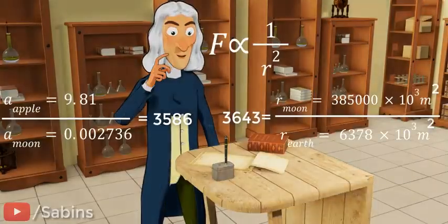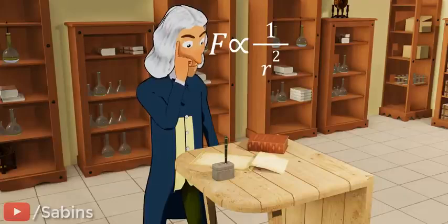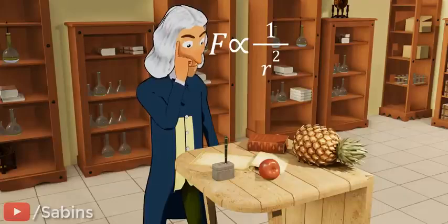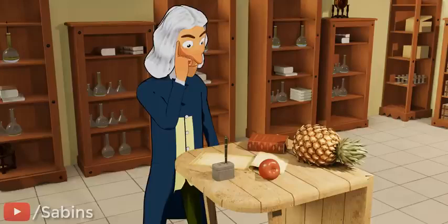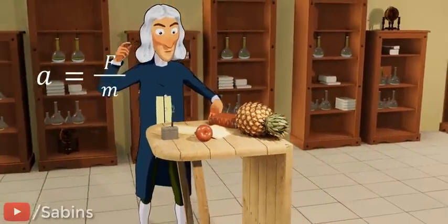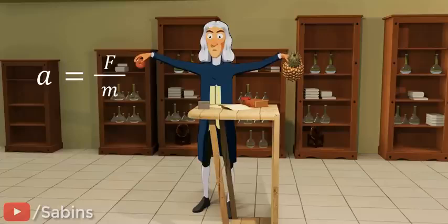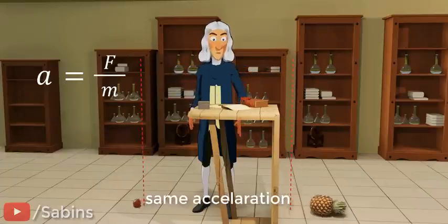What a brilliant deduction! The next question is, do the objects' respective masses have any connection with gravitational force between them? Newton had already derived the equation for an object's acceleration during this period, and it is a common observation that when the force arises due to gravity, the value of acceleration does not change based on an object's mass.